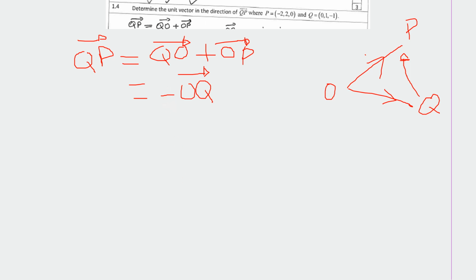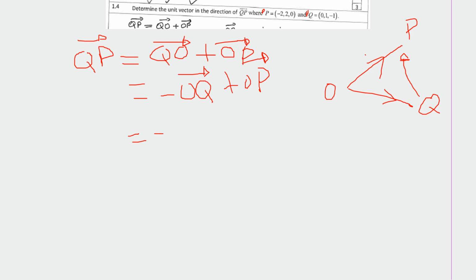Now OP is actually in the correct direction, because QO will move here and end here, and then OP will end there. So OP will just remain as OP. When we have the equation like this, you can now add your vectors. Remember I said this P is actually representing OP, so we're just going to substitute everything.